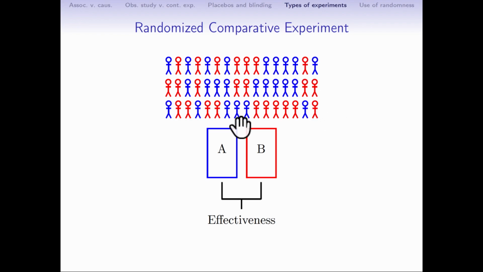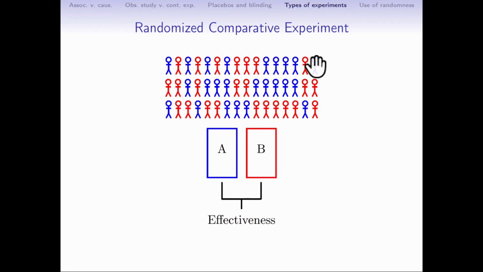Now we're randomly assigning some of the volunteers to use lotion A and some to use lotion B. Then we let the lotion take its effect, maybe over a period of 2 weeks, and come back to see how effective lotion A was in this group and how effective lotion B was in this group, and we compare their effectiveness. So that's the classic randomized comparative experiment.